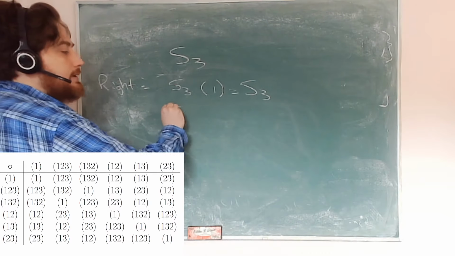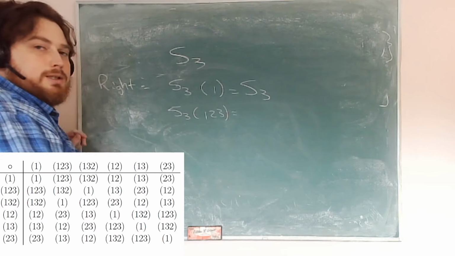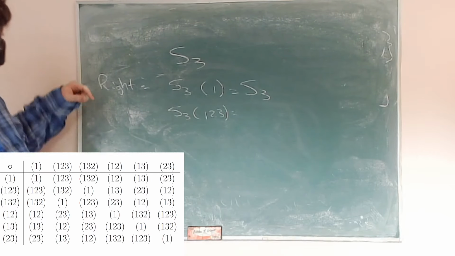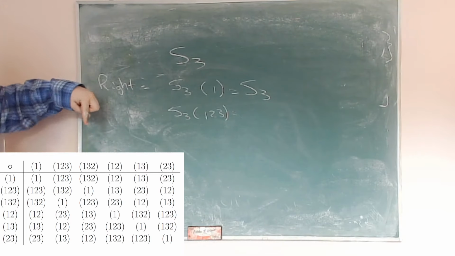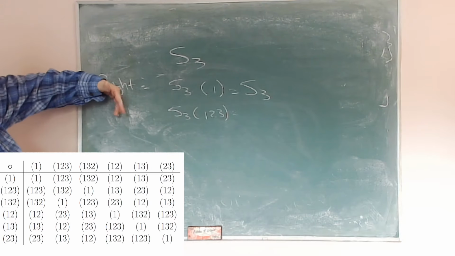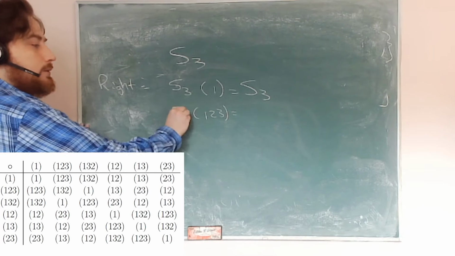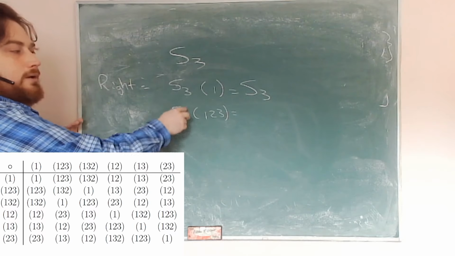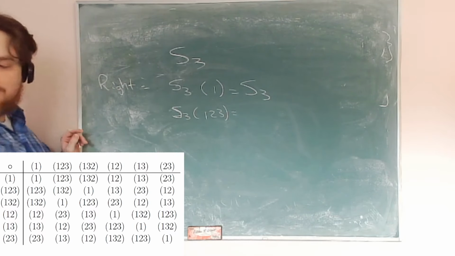If I find S3 with, say, (1 2 3), I want to do the same thing, except I'm going to look at the second column, because we want (1 2 3) on the right. So we're going to take S3 composed with (1 2 3), and we're going to read off that whole column because we want all of S3. So 1 composed with (1 2 3) is (1 2 3).